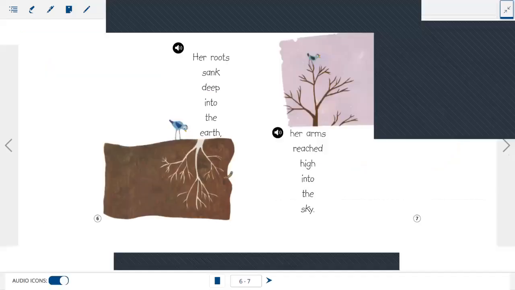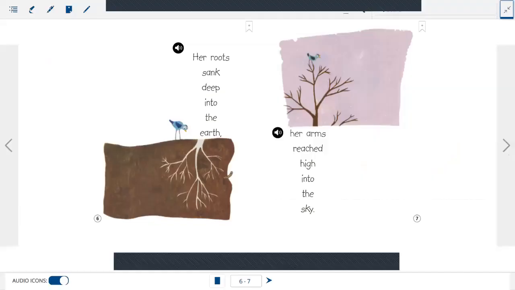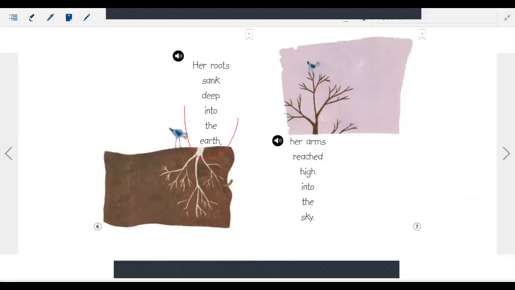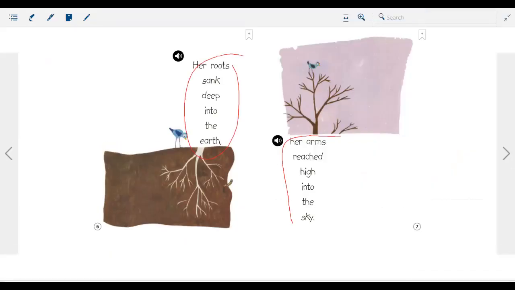So on page 54, it's asking, why does the author put the words on the page this way? Do you see how the words are put this way? So it's put beneath this tree here, and it's put above. See, these are the roots. So the words are put up here, and then the words are put down here.